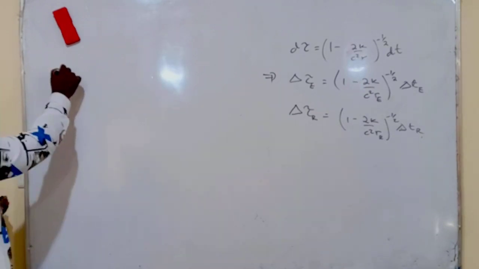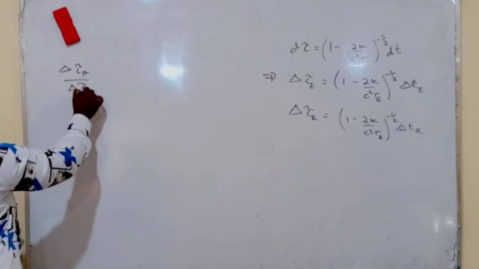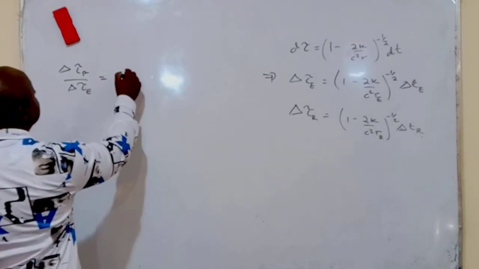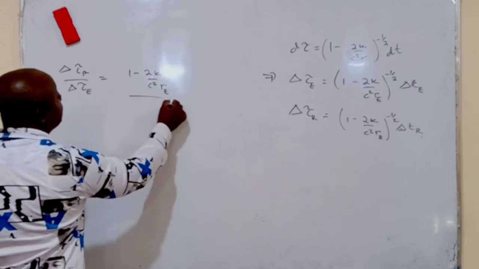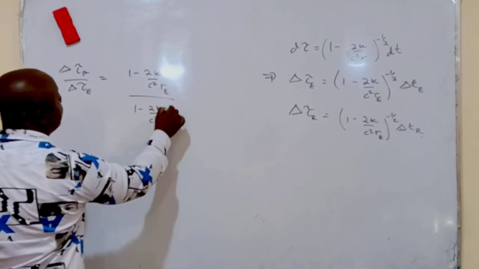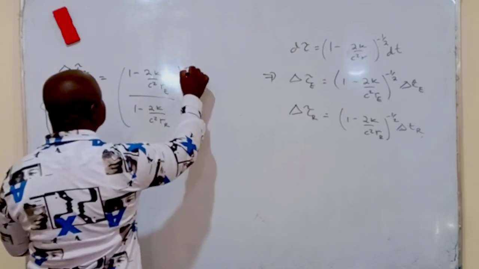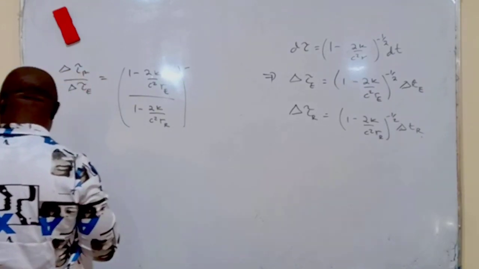So what if I divide the two? I'm going to end up with 1 minus 2k on c squared r e divided by 1 minus 2k on c squared r, all of that to the power, is it half or minus half?